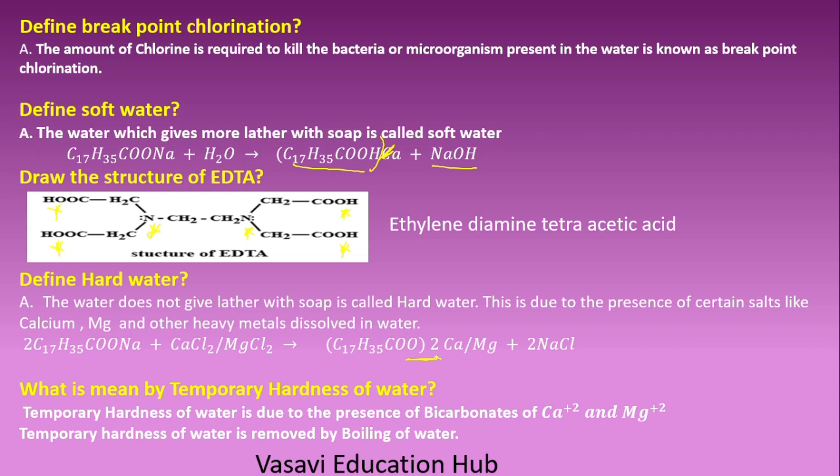Permanent hardness cannot be removed by boiling, but we can remove it by chemical techniques like the addition of soda lime, the zeolite process, and the ion exchange method. So these are the three methods for removing permanent hardness of water.